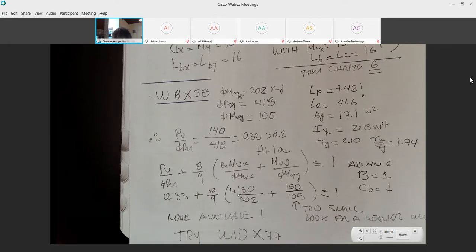This is my moment M to UX over phi M to NX. But when I look at this, it is a large number already. 0.33. This value plus that value times 8 over 9 had to be less than or equal to 1.